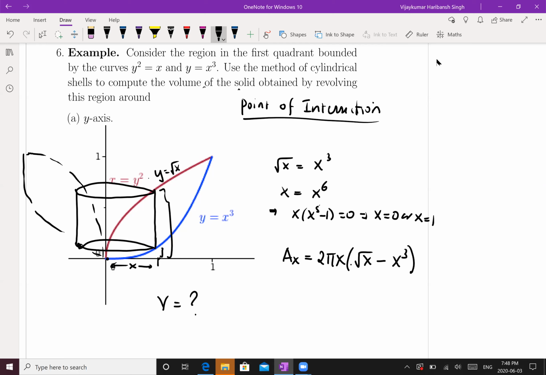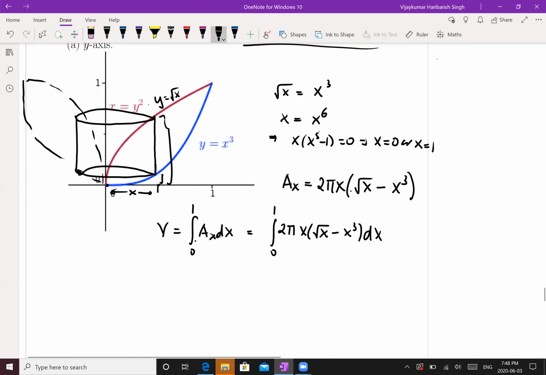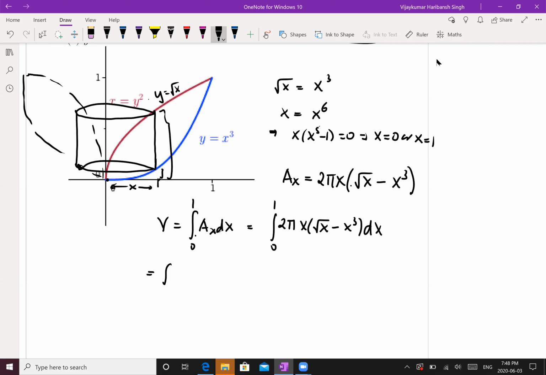So then the volume is going to be, what is the volume going to be? 0 to 1 A of x dx, which is 0 to 1 2 pi x times (square root of x minus x cubed) dx. And if you want to solve it, let's multiply it out. So we get 0 to 1, and let's take 2 pi outside, 2 pi times (x to the power 3 by 2 minus x to the power 4) dx.